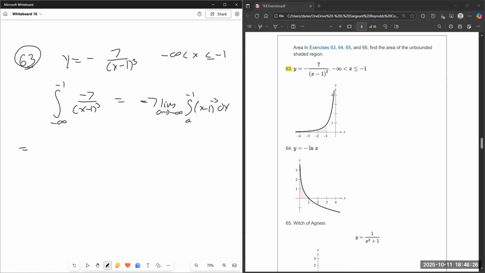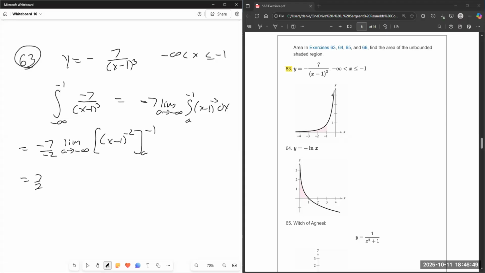So I'll make this negative 7, x minus 1, limit as a goes to negative infinity, x minus 1 to the negative second over negative 2. This is evaluated from a to negative 1.